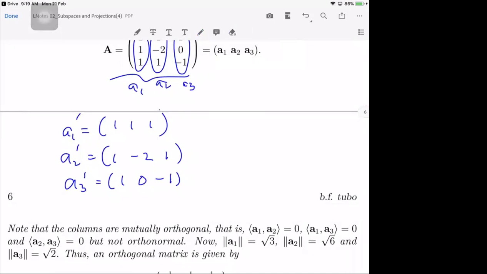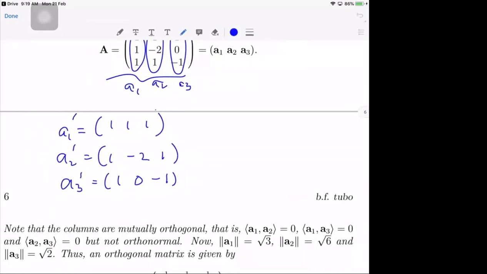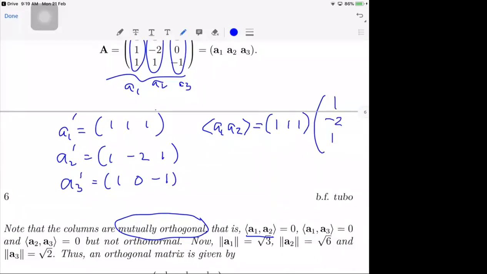According to this, the columns are mutually orthogonal. That means, if you take A, the inner product of A1 and A2, which is 1, 1, 1 with 1, negative 2, 1.